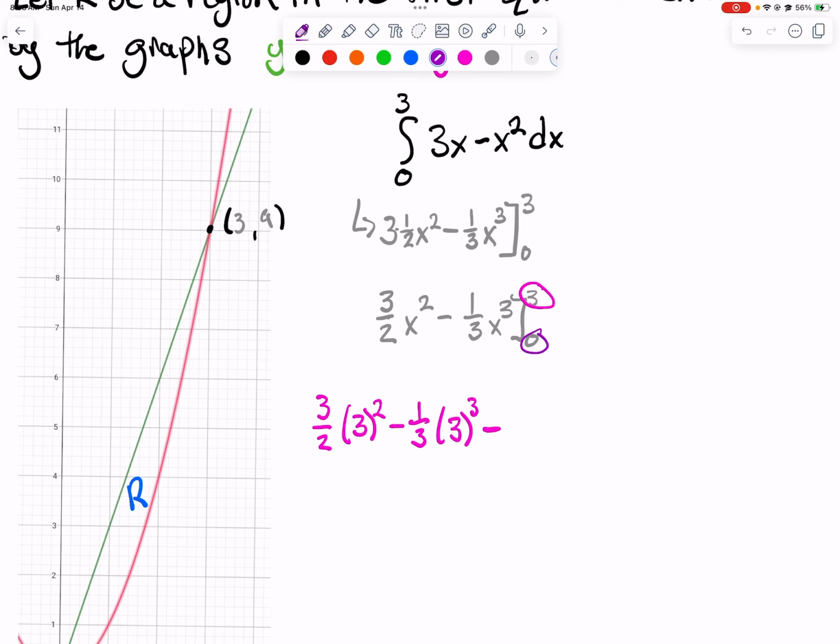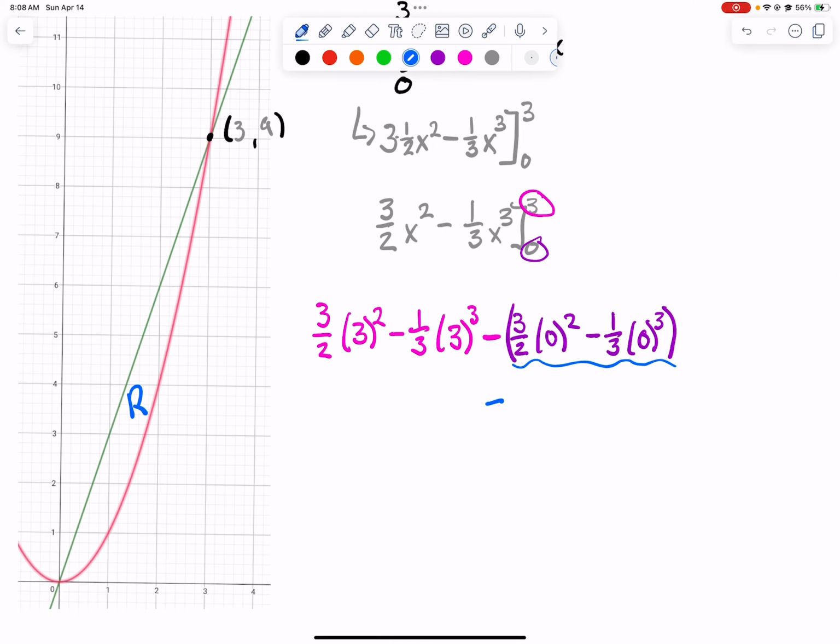Looking at this, we can do it really fast. 3/2 times 0 squared, minus 1/3 times 0 cubed. Right away, we can identify that this whole side, we get 0 times something minus 0 times something, so we actually just have minus 0 on this side. If you need a second to look at that, take your time, but we can see that right away.